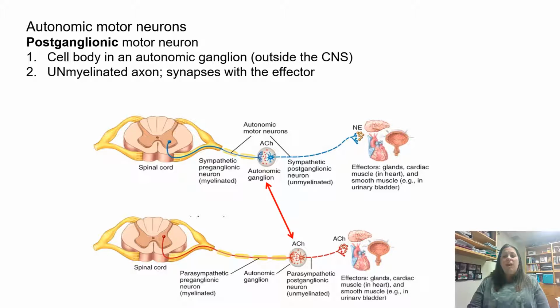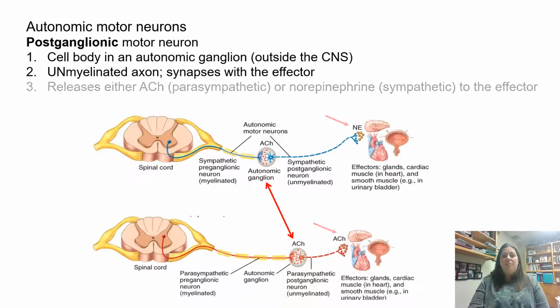They will release either acetylcholine if they're part of the parasympathetic nervous system, or they're going to release norepinephrine if they're part of the sympathetic nervous system. They're going to release these particular types of neurotransmitters to the effectors, whoever they're talking to, whether it's glands, cardiac muscle, smooth muscle, and so on.